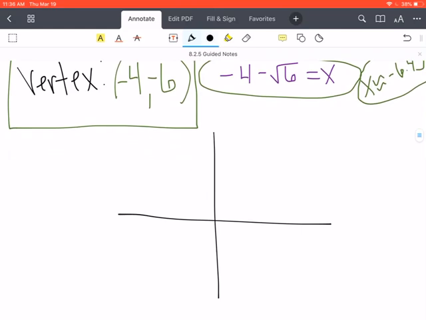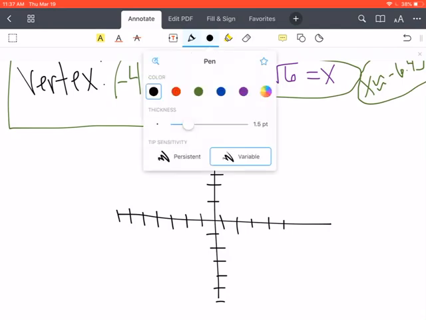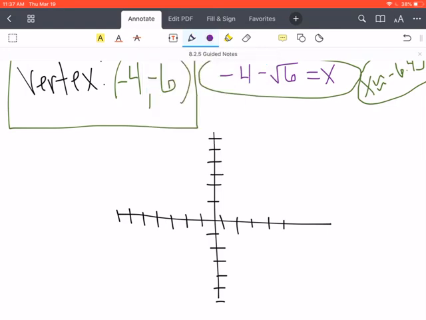So we're really focusing in the negative direction. We can draw a few ticks there. And then go ahead and draw your tick marks on your y-axis as well. So let's make it a little bit thicker. And let's go ahead and plot our vertex first. So we're going to go -4 down 6.